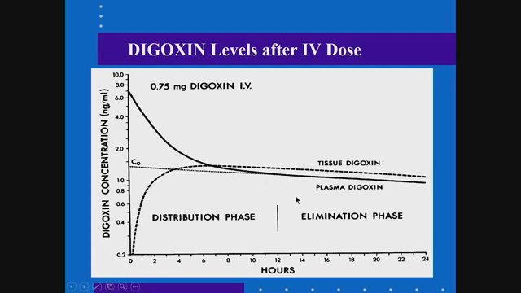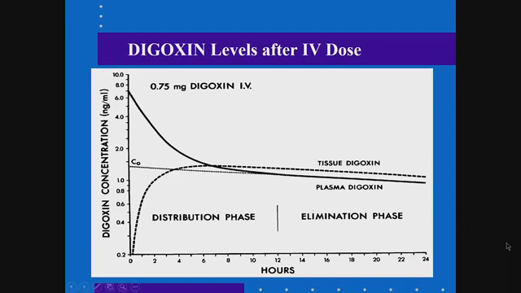Now, in order to estimate the apparent volume of distribution for digoxin, one approach is that of the extrapolation method, namely extrapolating from the terminal phase of this curve back to time 0 and estimated this C sub 0 or initial concentration of the drug.